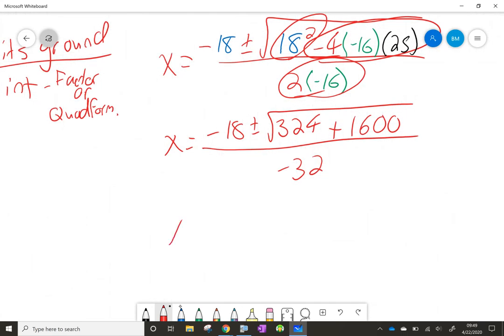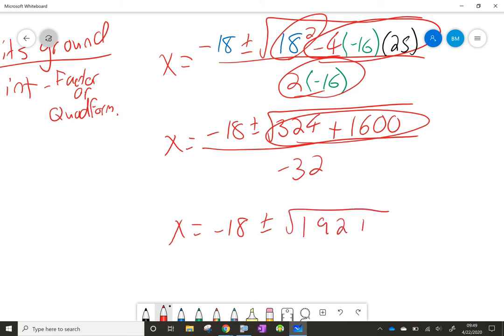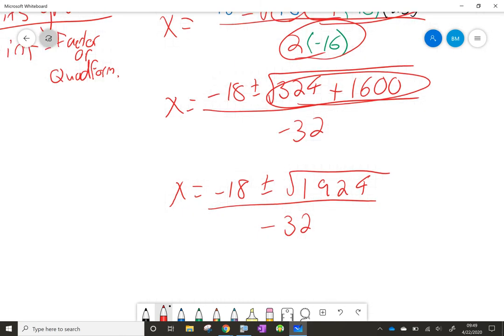So we have some big numbers, but let's keep working it out. Let's add these numbers together. 324 plus 1600 is 1924. So the square root of 1924, divided by negative 32 still. Let's take the square root now.